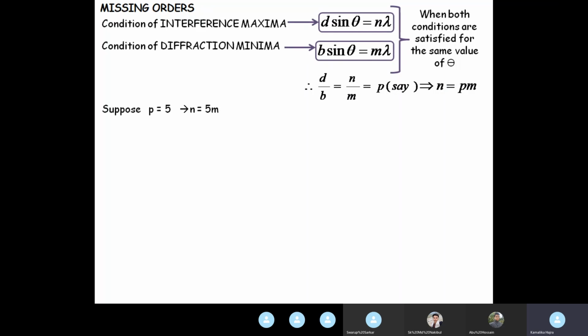Okay, so when p equal to 5, for an example, n equal to 5m. Now, what does this mean? This means, see, m is the diffraction minimum order and n is the interference maximum order. So if you put m equal to 1, then you will get n equal to 5.